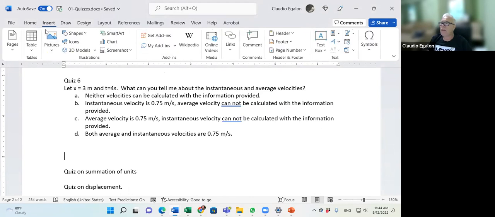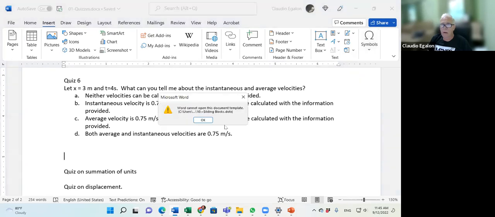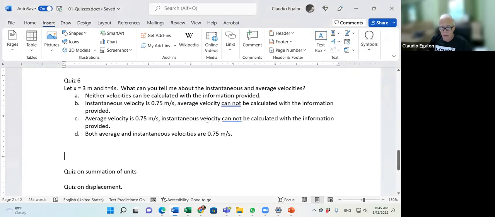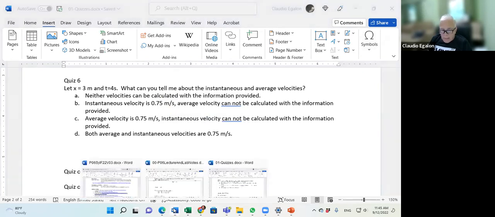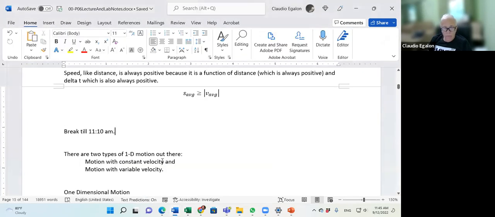The mathematical definition. I'm going to write that down here just to remind you.